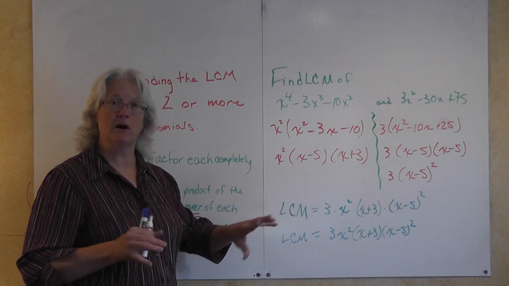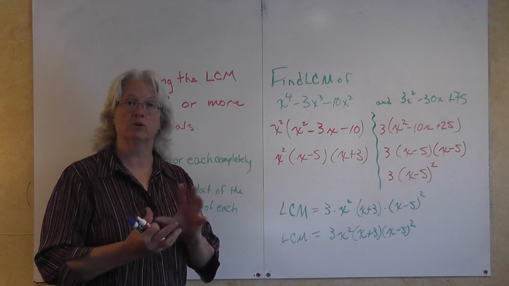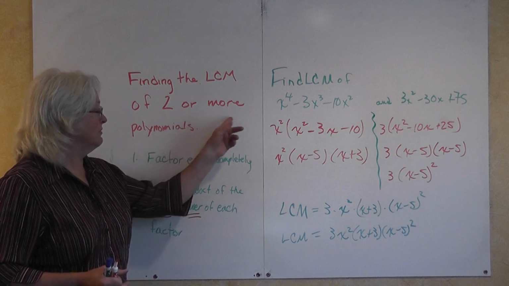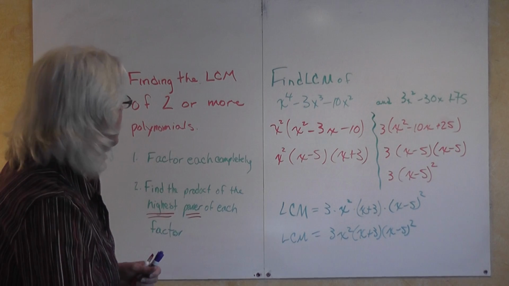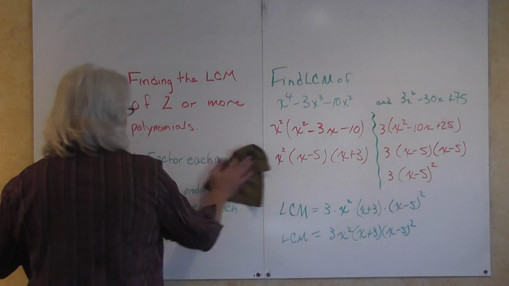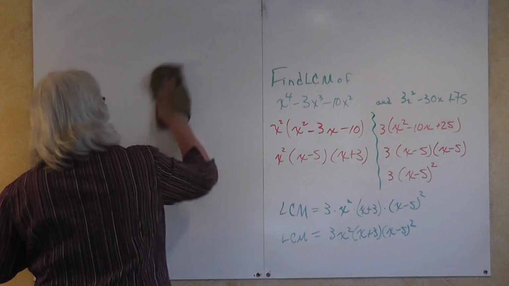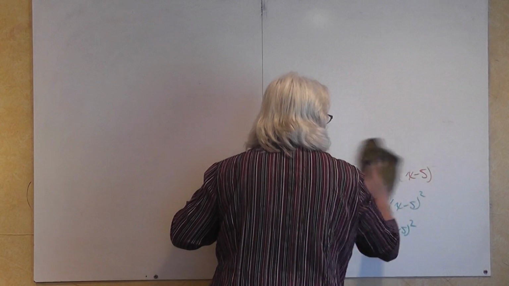But this is following that same procedure. This is what we're going to be using to come up with a common denominator when we are dealing with rational expressions. So let's go ahead and do example number 2, where we actually find a common denominator of a couple of rational expressions.